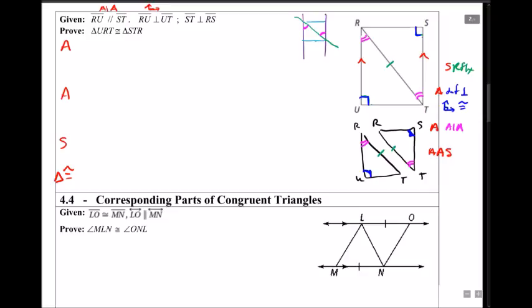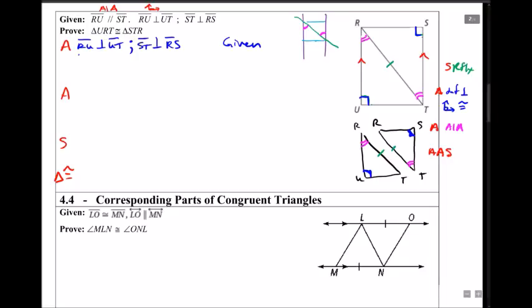Okay, well, how did we get our first angle? Well, it doesn't matter which one we use, let's do the perpendicular. We are told that segment RU is perpendicular to segment UT, and segment ST is perpendicular to segment RS. That's a given. That was given to us. And then what did that let us do?